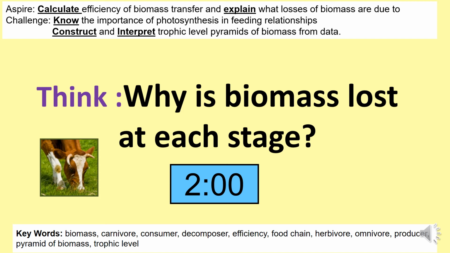What's happening between each of those levels that means that not all of the mass that's inside the leaves ends up in the caterpillars? Make a list on the page in front of you so that we can start adding to that as I run through that with you in a couple of minutes. So you've got 2 minutes to do that, starting now. Off you go.